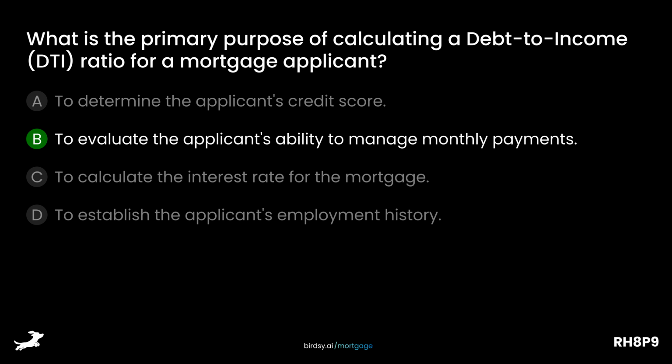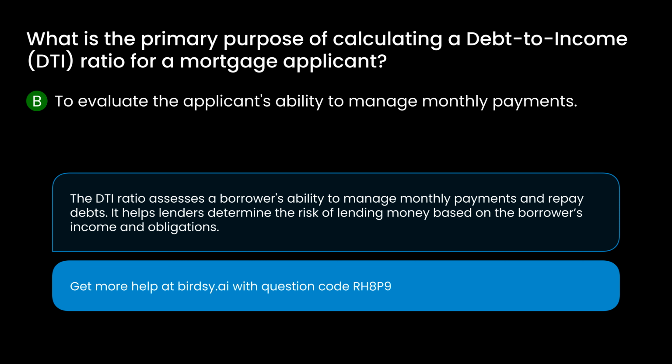The answer is B, to evaluate the applicant's ability to manage monthly payments. The DTI ratio assesses a borrower's ability to manage monthly payments and repay debts. It helps lenders determine the risk of lending money based on the borrower's income and obligations.